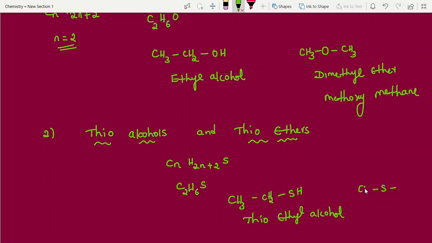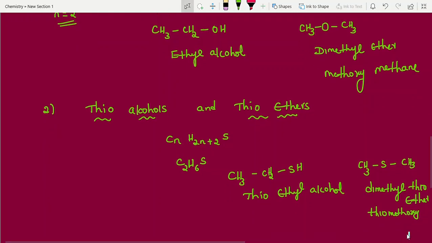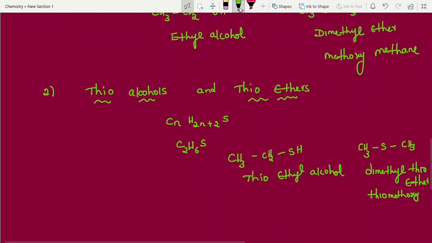Same story: CH3SCH3. The name is thiomethoxymethane or dimethyl thioether. I am writing the common name and IUPAC name both.